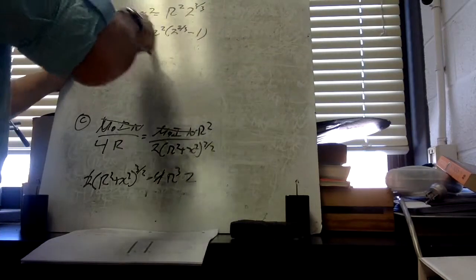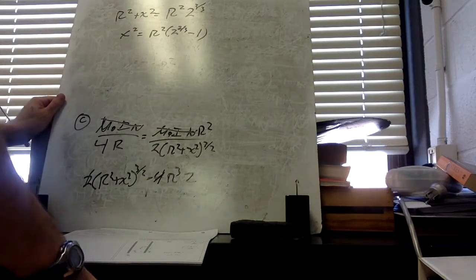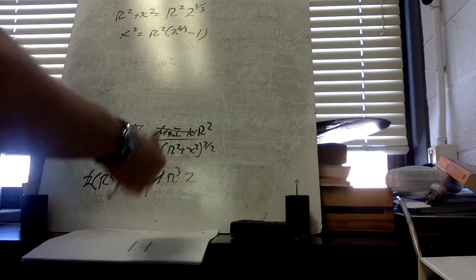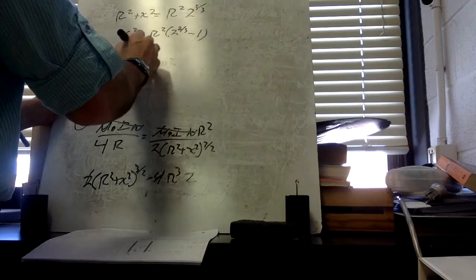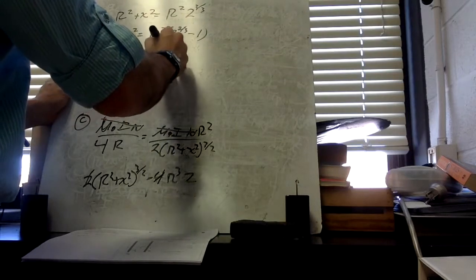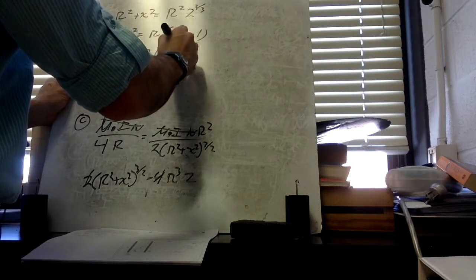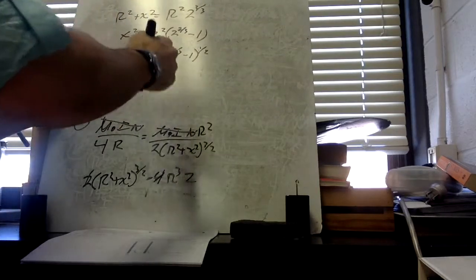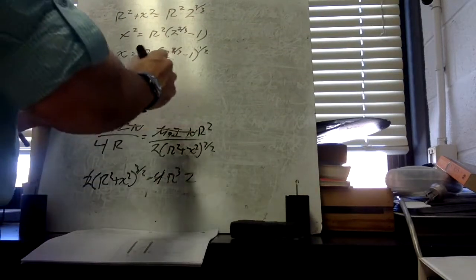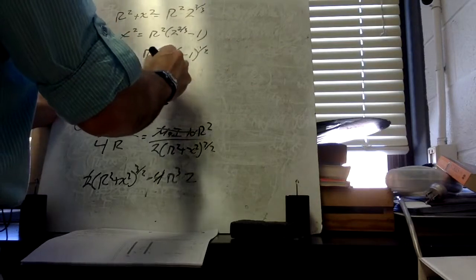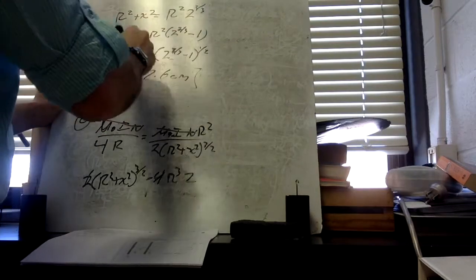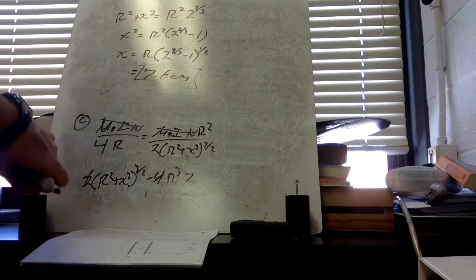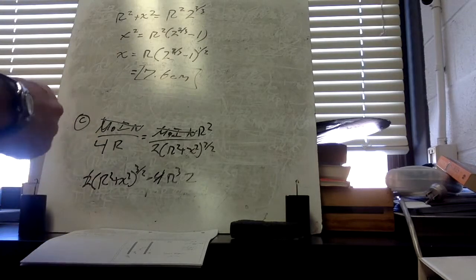We're just subtracting the coefficients on the r squareds. And so then x is going to be r times 2 to the 2/3 minus 1, to the 1/2 power. I plug in my value for r, and I'm going to get about 7.6 centimeters. Okay, great.